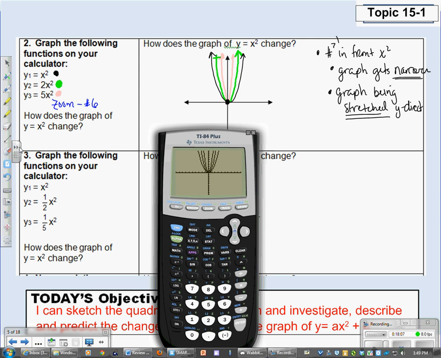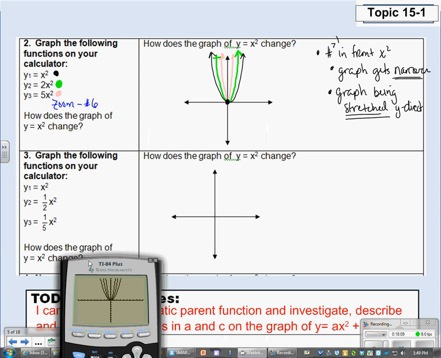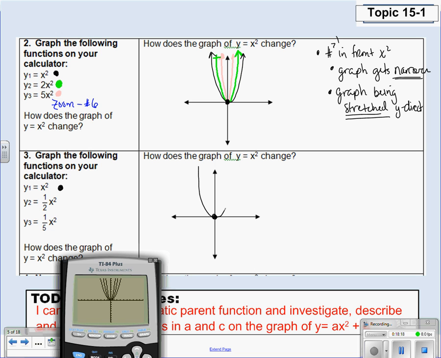Example 3, we have our original. So with my original pen or pencil, I'm going to draw the original going through the origin and a U. And now we're going to look at what happens when the number in front of the graph. Notice these are fractions.